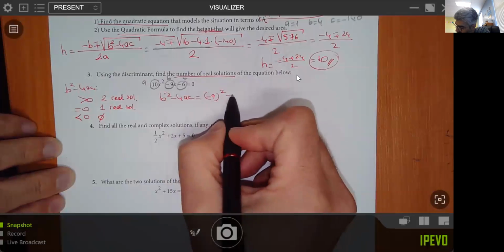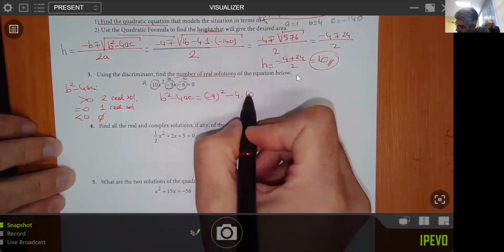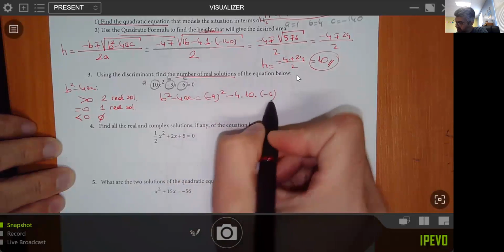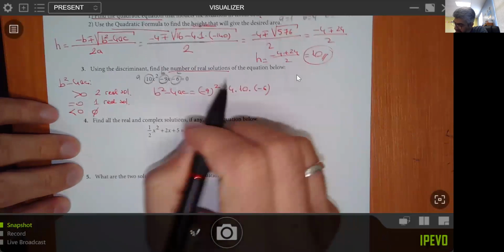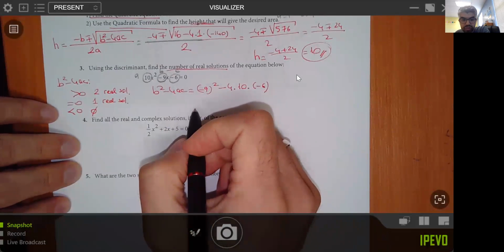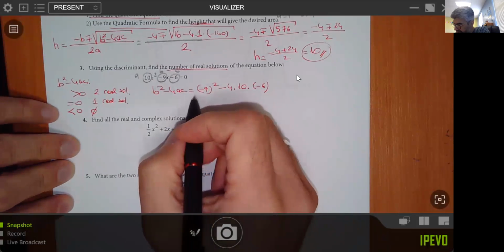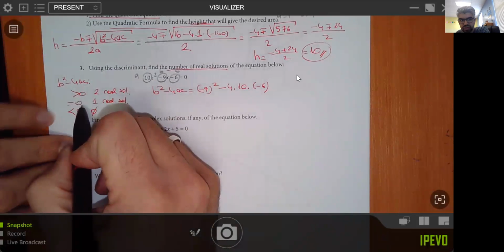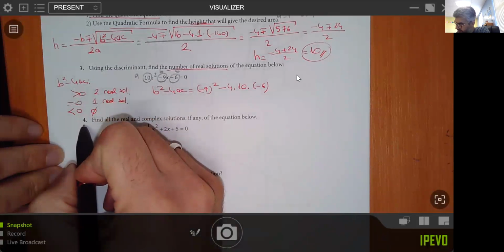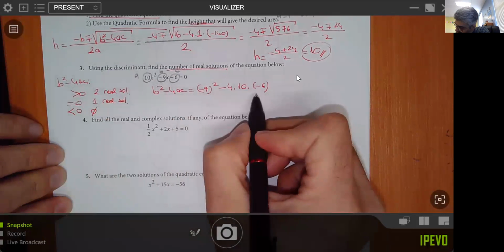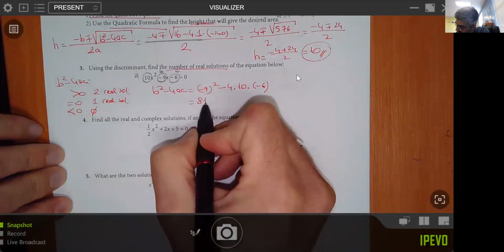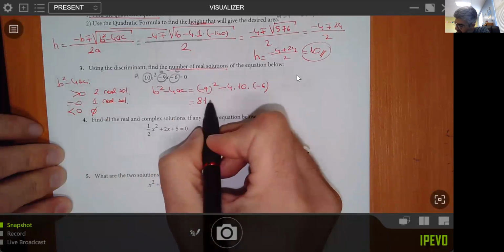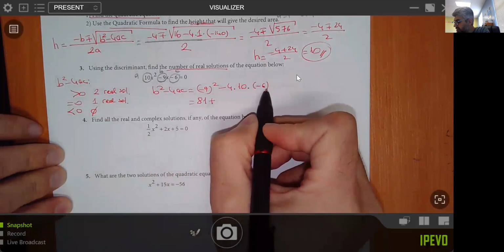B squared minus 4a and C is negative 6. Even the value, we don't need the value of the discriminant. We are always checking if it's positive, 0 or negative. So we have 81, minus times minus is plus 4 times 10 times 6.